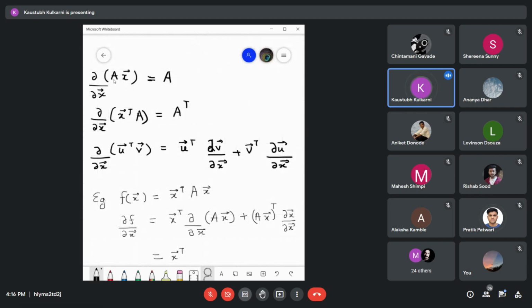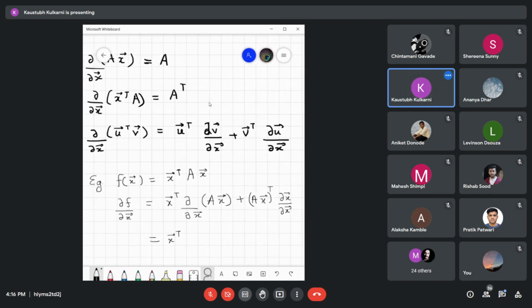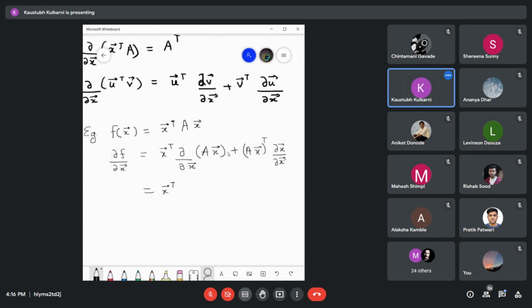Dou by dou x of A into X is A. So X transpose multiplied by A plus, now transpose of this is X transpose multiplied by A transpose. Okay, by the properties that we had seen in the previous lecture.